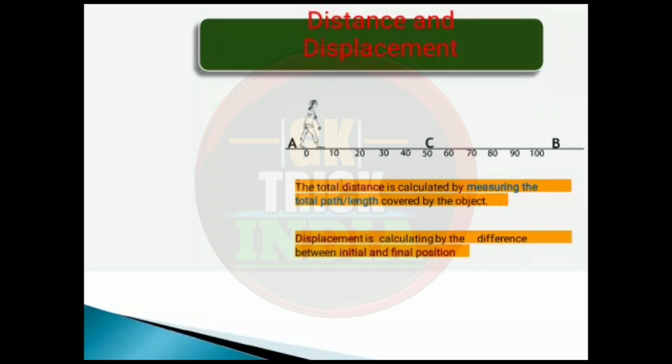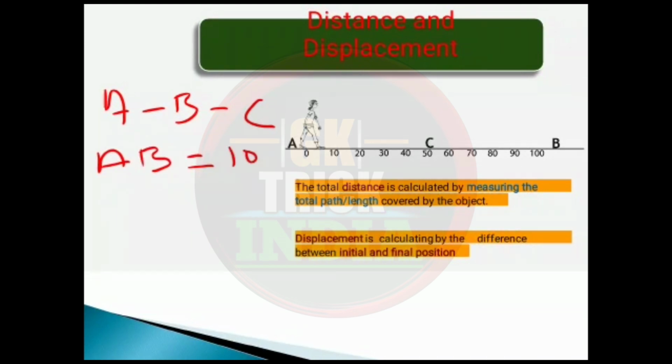Let's take another example in which the observer first moves from A to B, then comes back to position C. So the distance while moving from A to B, then B to C: A to B, it moves 100 meter, then B to C, it moves 50 meter.